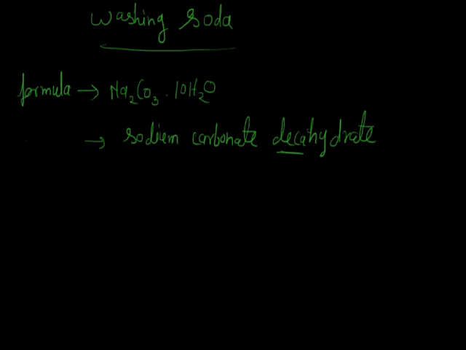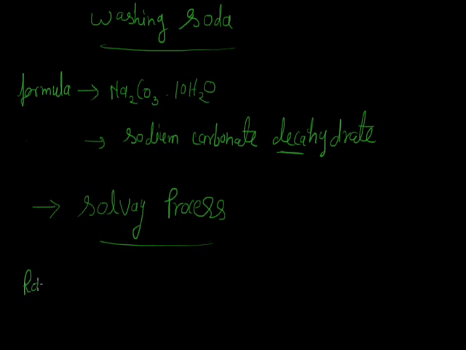Now we will discuss its manufacturing. The manufacturing process of washing soda is called the Solvay process. It's a very important manufacturing method for the preparation of washing soda. Now we will discuss first the raw materials in the Solvay process.